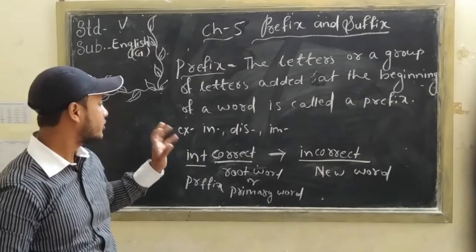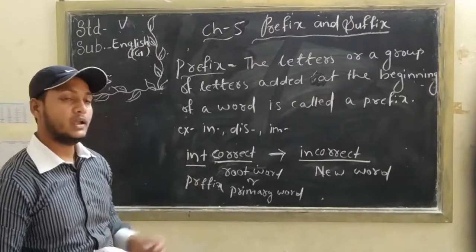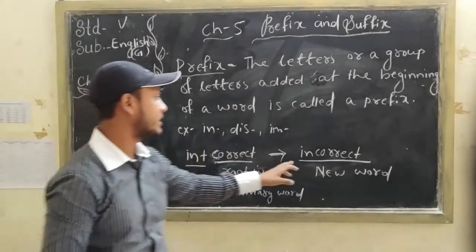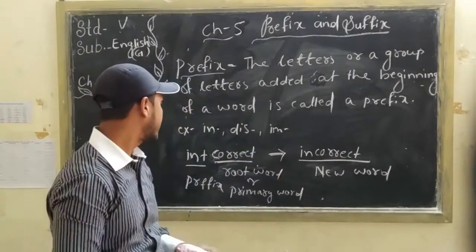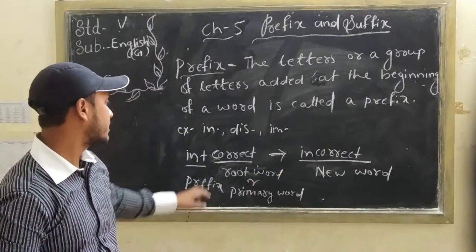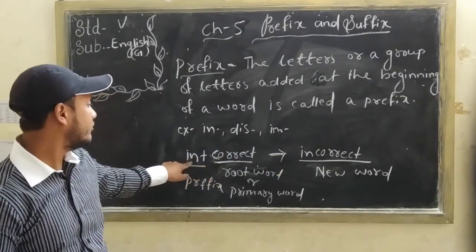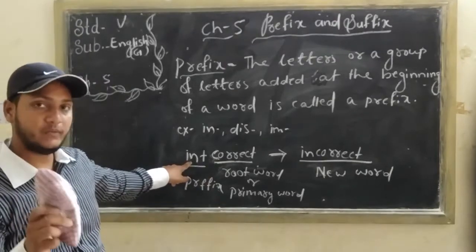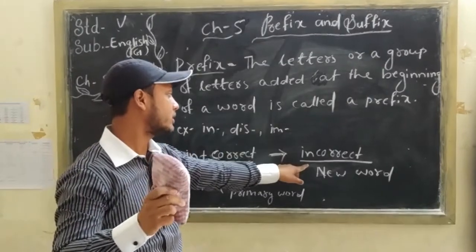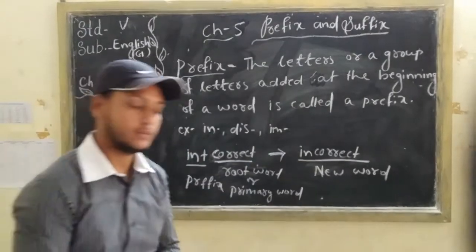Prefixes are a group of letters which are added to the beginning of a primary word to make a new word. So we have added the prefix in to the word correct to make a new word, that is incorrect.